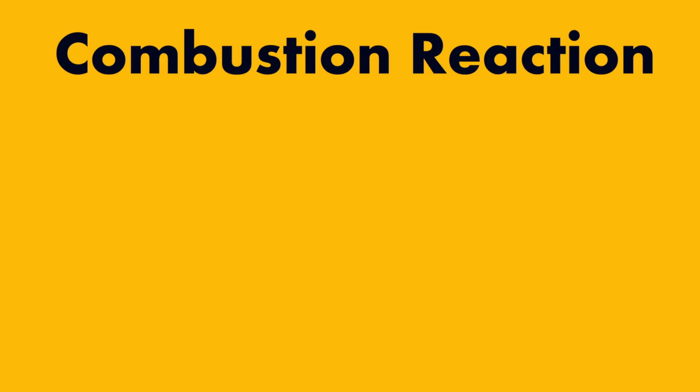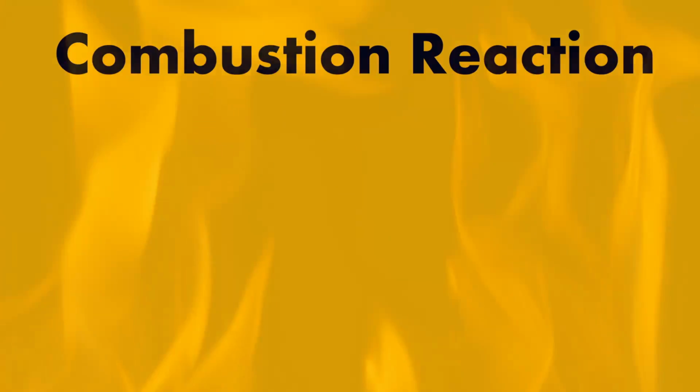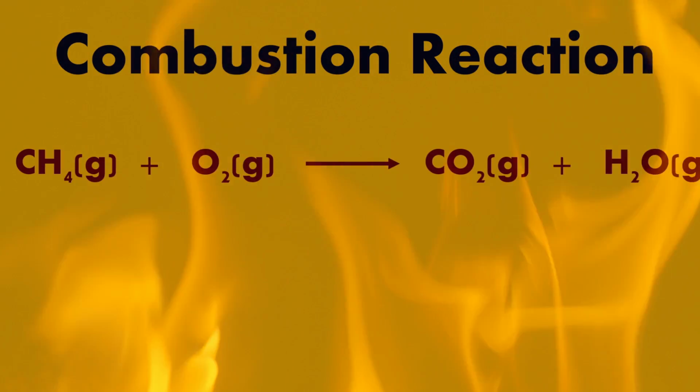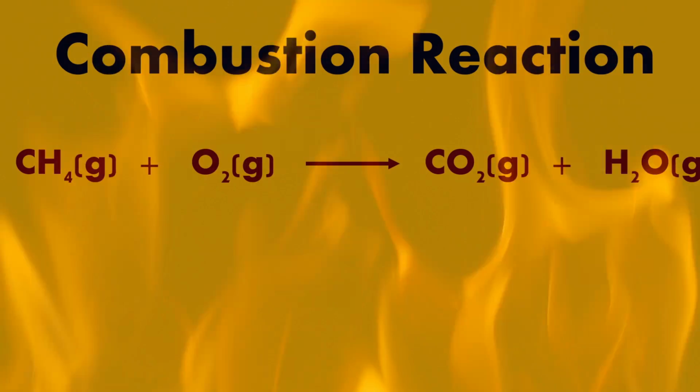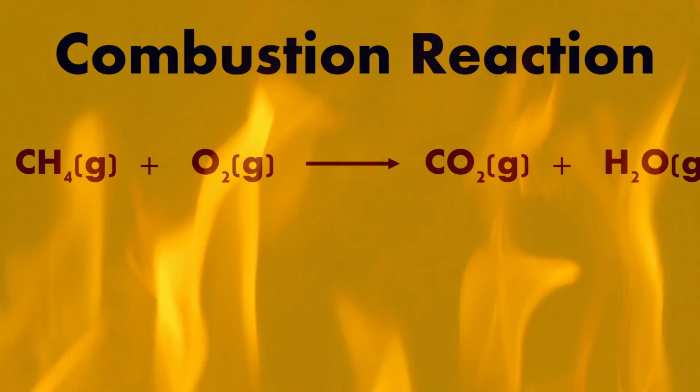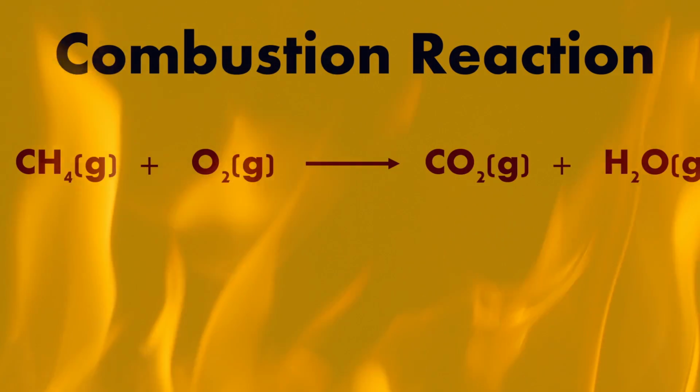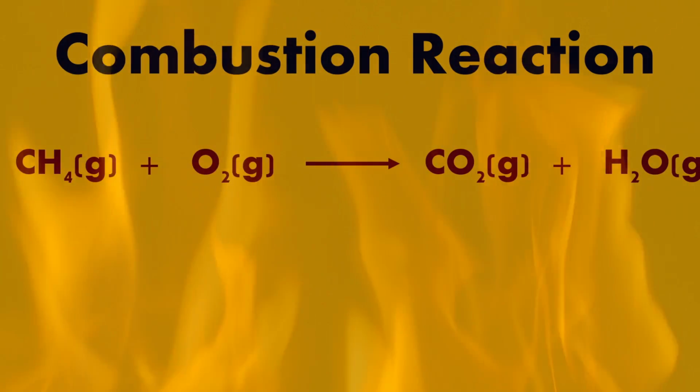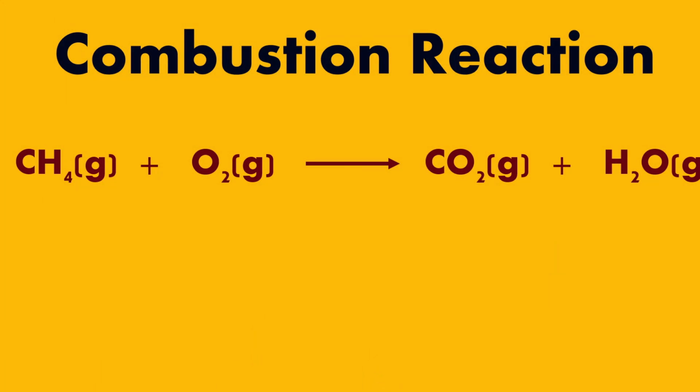Now, the next reaction we're going to take a look at is a standard combustion reaction. The basic definition of a combustion is that you have a fuel source that gets oxidized by oxygen. It doesn't always have to be, but typically it's oxygen. And in this case, you would expect it to be a redox reaction of some sort. So we can see that hydrogen starts as a +1, carbon -4.